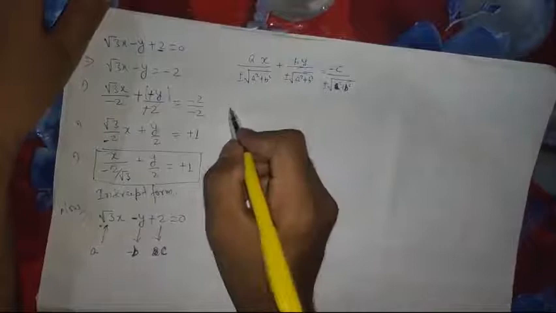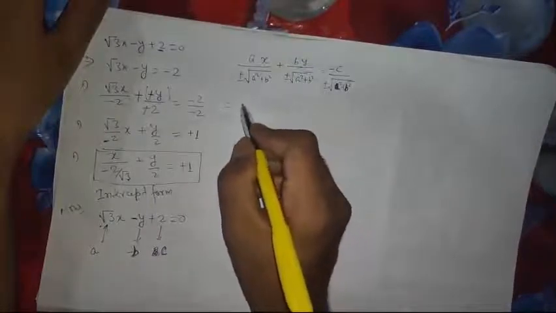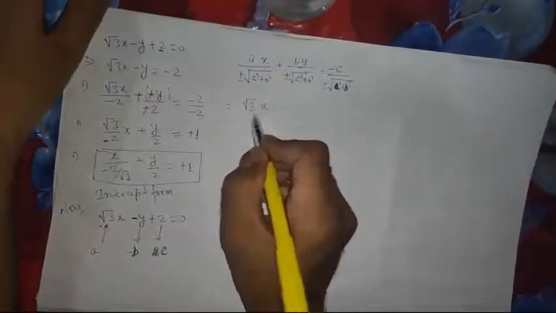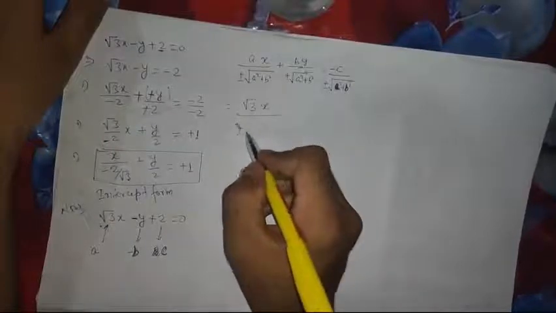So here, a is root 3, so root 3 x divided by plus minus root over of a square plus b square.